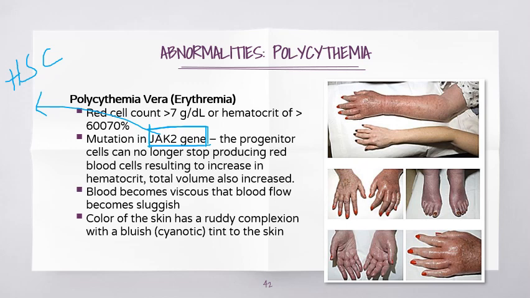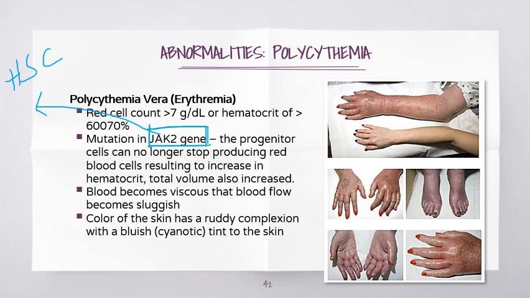So, there is continuous production even though there is no stimulus. Okay? So, this results in an increase in hematocrit, right? Because you have an increase in red blood cell count. So, therefore, you have increase in hematocrit percent, because you have more red cells than the other constituents in the blood. Okay? So, therefore, the total volume will be increased.